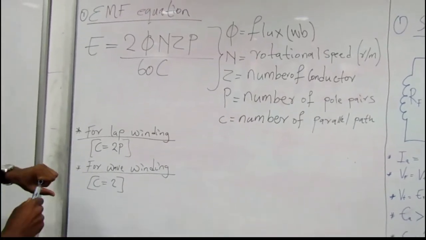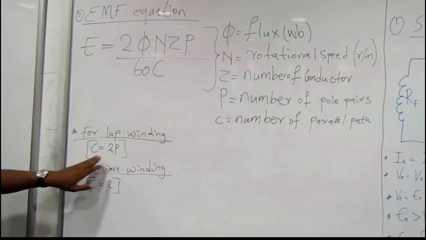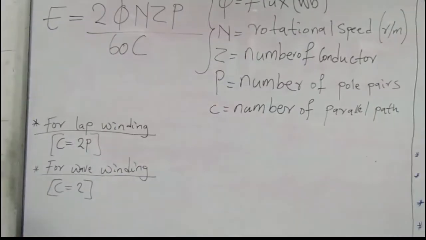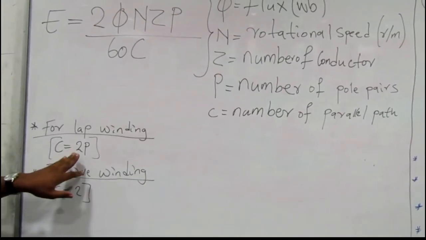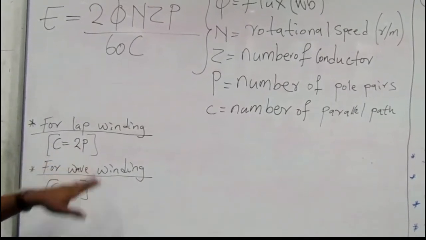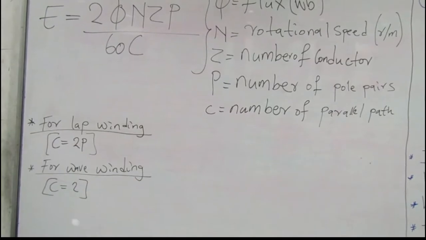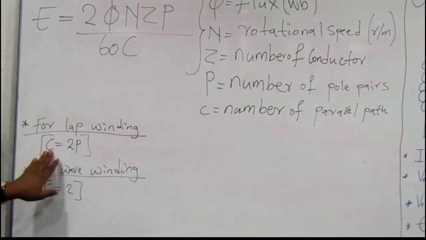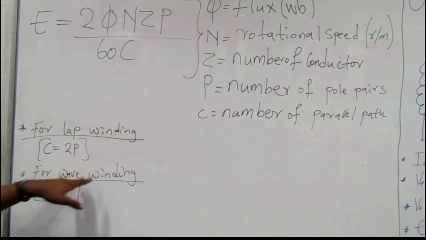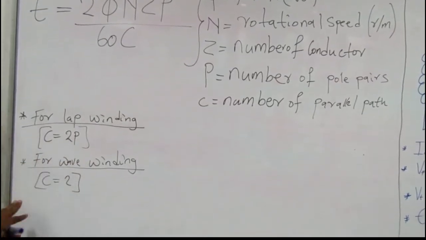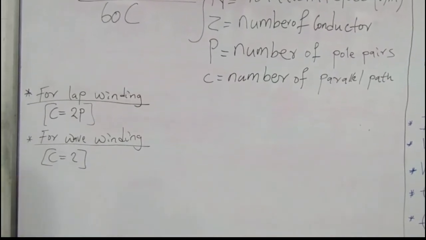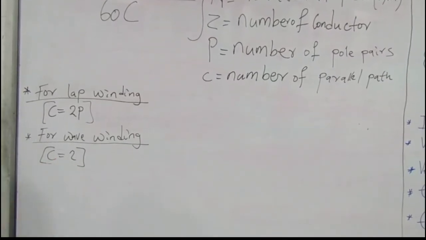The first one: for a lap winding, C is equal to 2P, where C is the number of parallel paths, 2 is a constant, and P is the number of pole pairs. Remember, we don't have a unit for this C and this P. The second condition: for a wave winding, C is equal to 2.